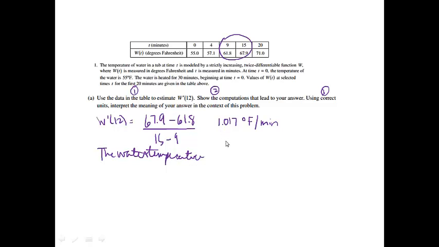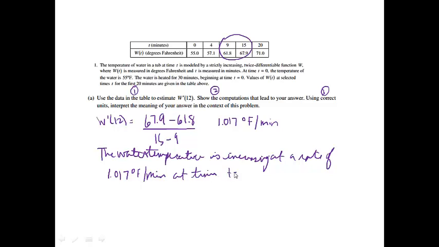Since this is a positive number, the water temperature is increasing at a rate of 1.017 degrees Fahrenheit per minute at time t equals 12 minutes. We do want to make sure we include units, and can include units on the t value as well. So we would get 1 point for our estimate, which was just the 1.017, and then 1 point for the correct meaning with correct units.